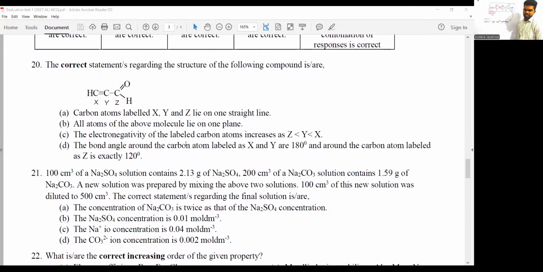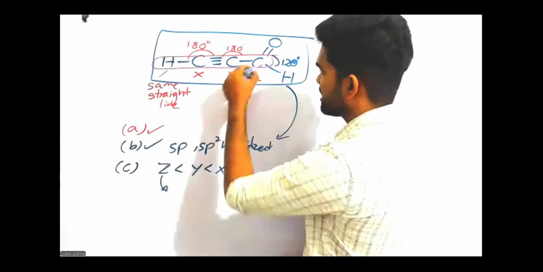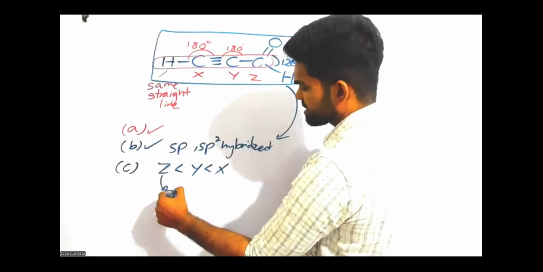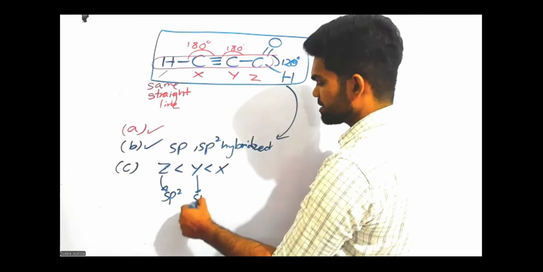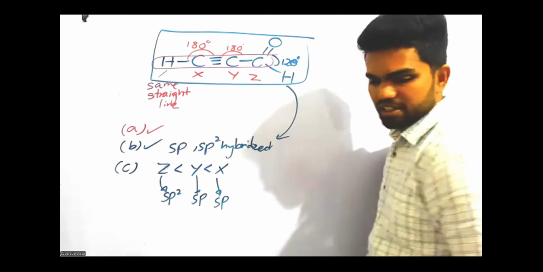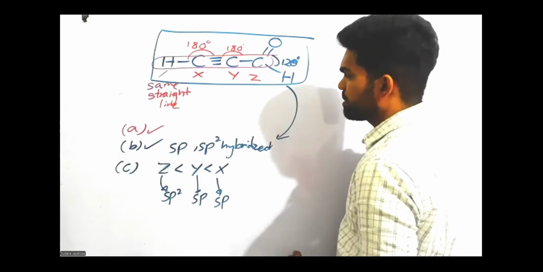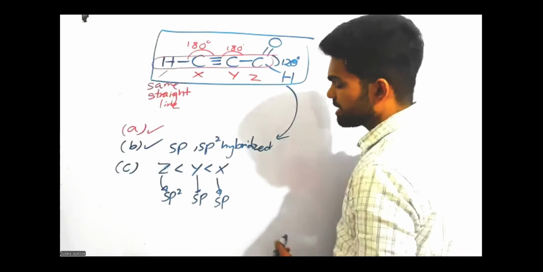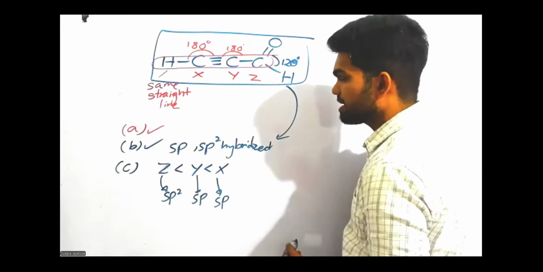Electronegativity of the labeled carbon atoms increases. Here, Z atom, this carbon, is sp2 hybridized, and these carbon atoms are sp and sp hybridized. So then they obviously have higher s percentage. That's true. But if you have the same s percentages, then you check for the charges. Here we don't have any charge.